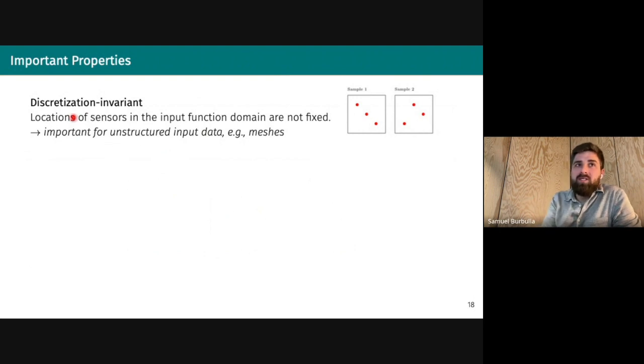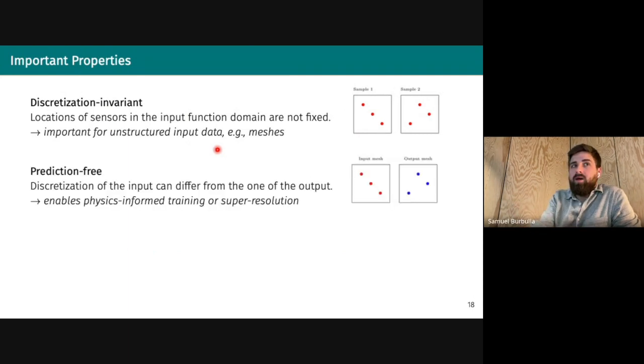This means the locations of the sensors in the input function domain don't have to be fixed. For instance, we have one function, sample one, evaluated at these positions, and another sample evaluated at different positions. That's important if you want to input unstructured data, a function represented by a mesh, for instance. A second important property is to be prediction-free.